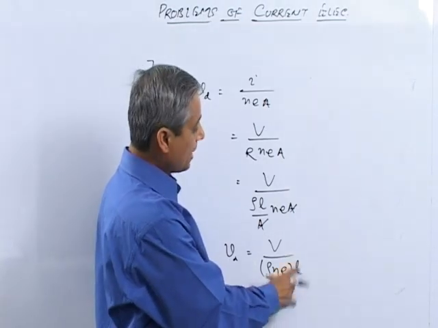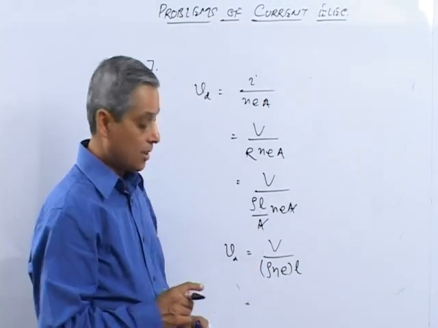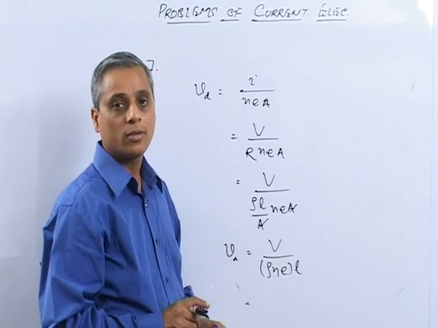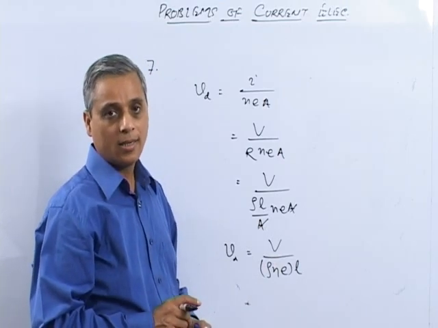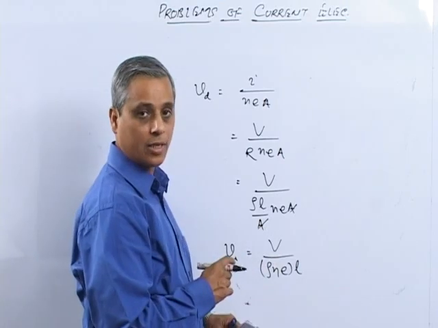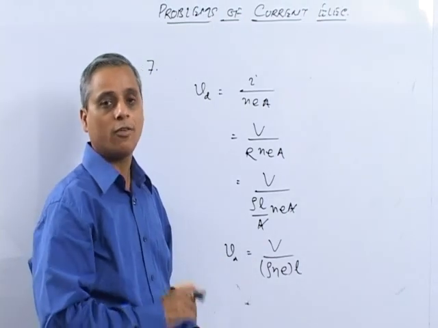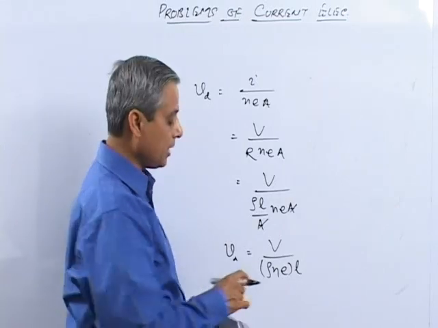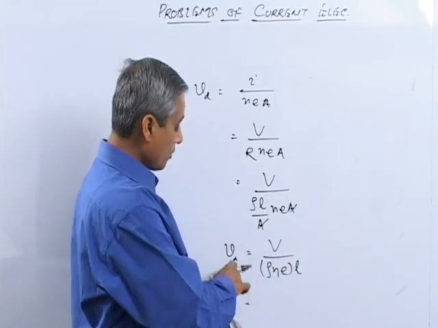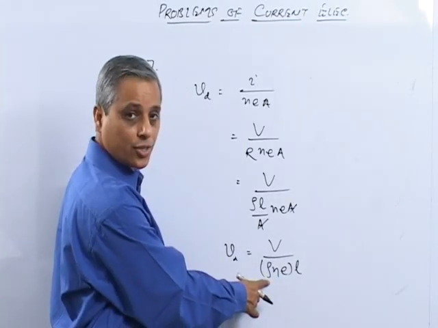It depends on length of the conductor, and that is inversely proportional to length. Larger the length is, lesser will be the drift velocity. Actually, larger will be the length, larger will be the resistance, lesser will be the current, and therefore lesser will be the drift velocity. So Vd doesn't depend on area of cross section.